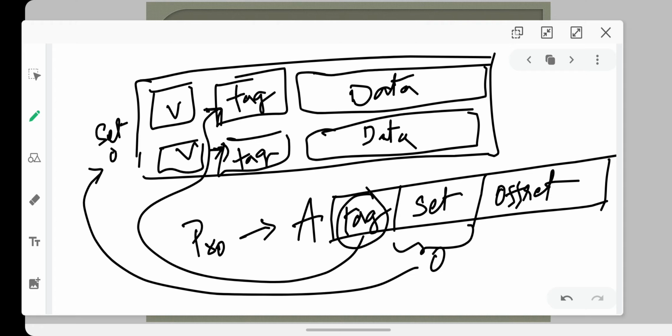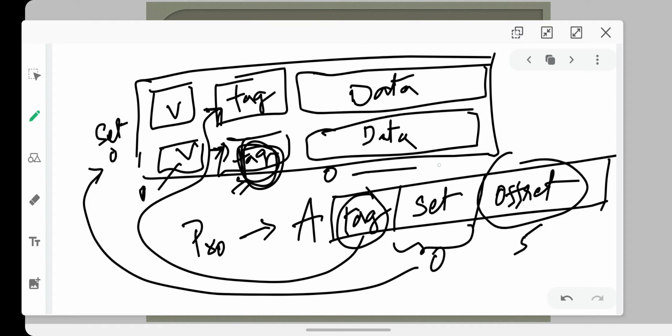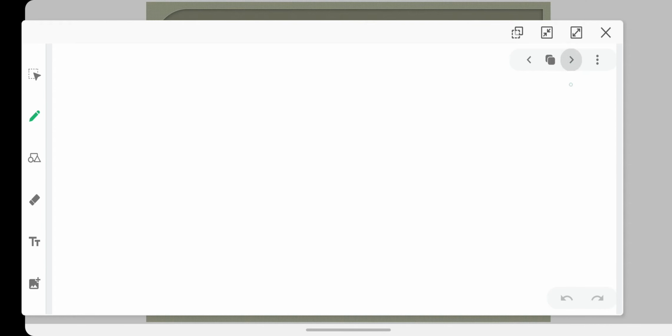Now, when the tag comparison hits, for example with this tag, and your valid bit is high, look at the offset. Consider your offset value is 5 and you have data from 0 to 9.